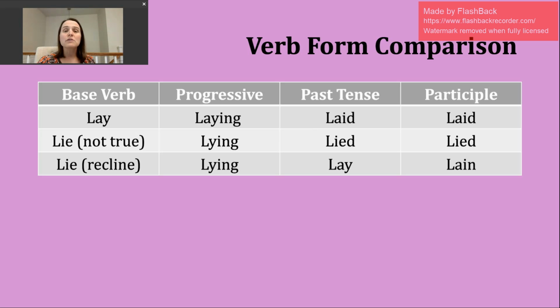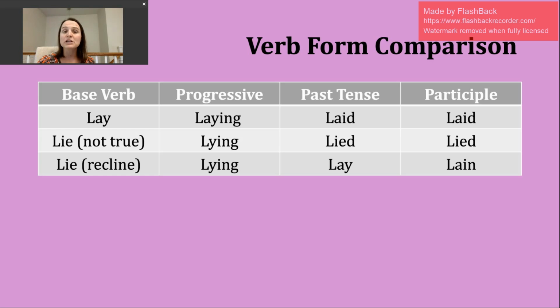When we use the verb lie to mean to be horizontal on a surface, and we said this is horizontal, this is vertical. So to be horizontal, or another similar word if you think of recline, that idea of lying back, that is an irregular verb.